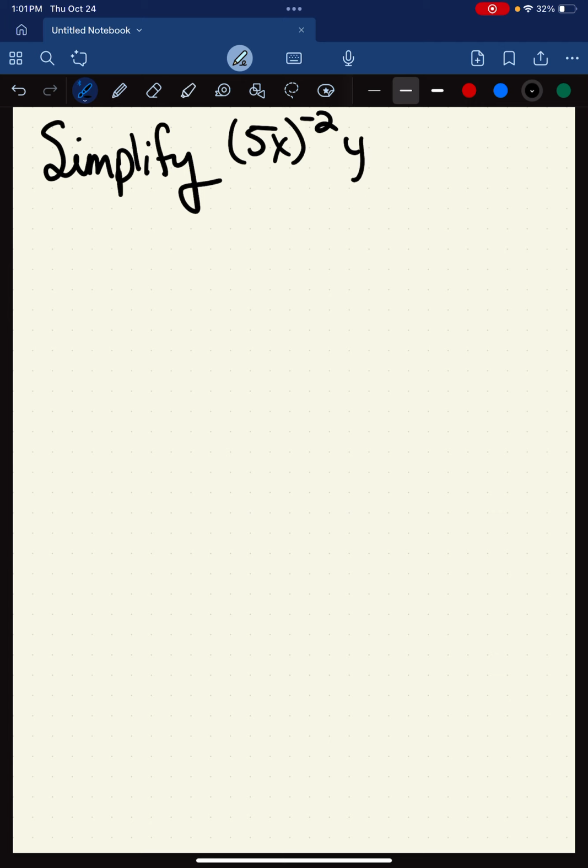We'll do one more example, kind of putting all this together. We'll do a quick recap, and then we'll be done with exponents. So let's simplify (5x to the negative 2 times y) all over (x cubed times y to the negative 1). Okay, this is going to put together several things that we've learned. The first thing I would do is take your fraction and rewrite it with exponents.